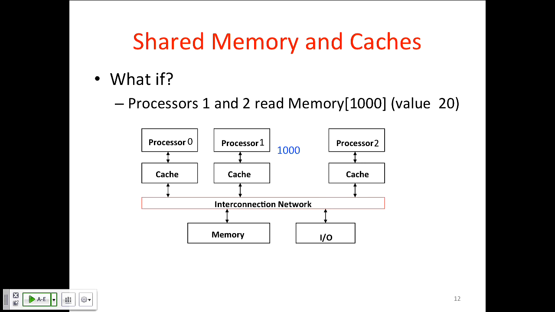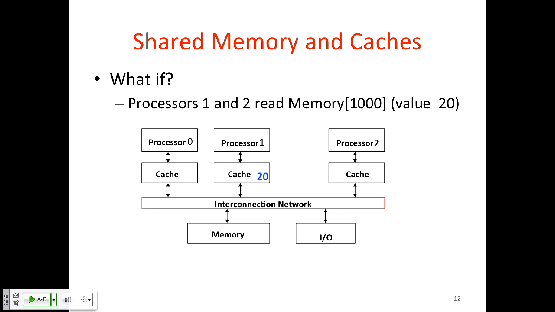This processor reads location 1000. It's not in the cache, so it gets a cache miss. It goes over the network to memory and asks for the value in location 1000. The value is 20, so you return it to the cache and keep it there. So now you have a copy of that address in processor 1's cache.